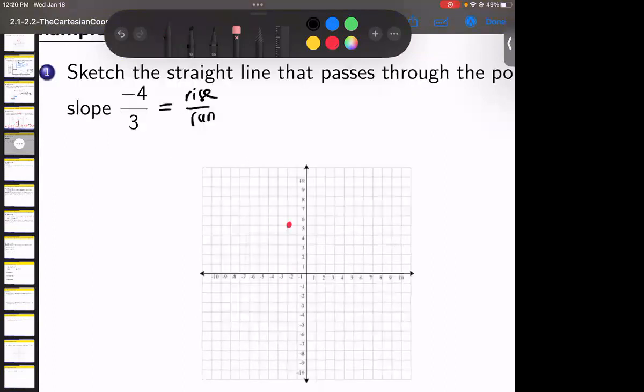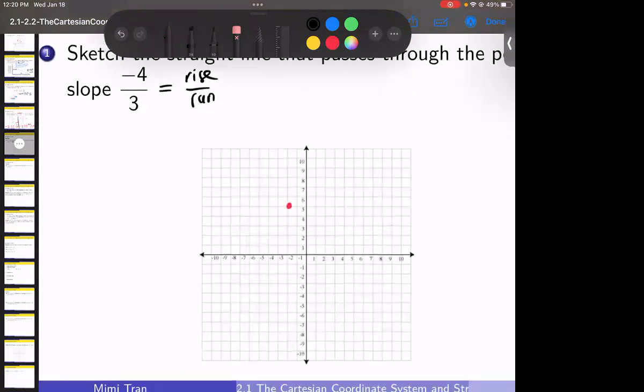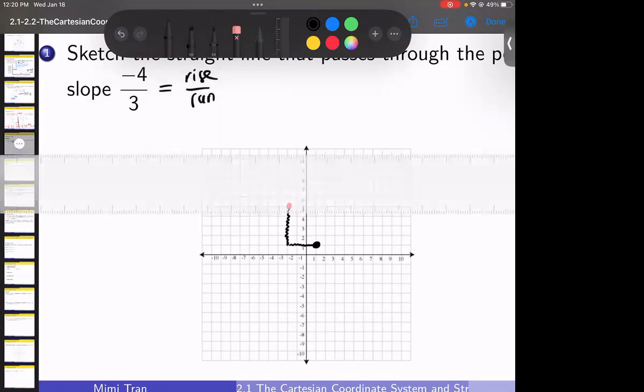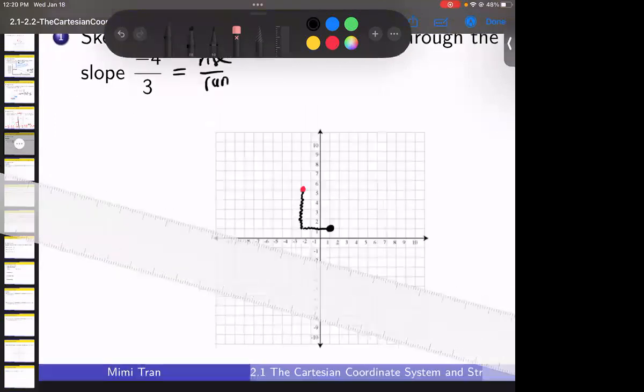Yeah, so that's rise down. It's funny when I say rise down. Rise down 4 units, and then go over to the right 3. You only need 2 points to graph a line. Just connect the dots and you're done.